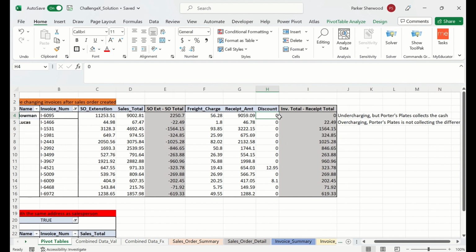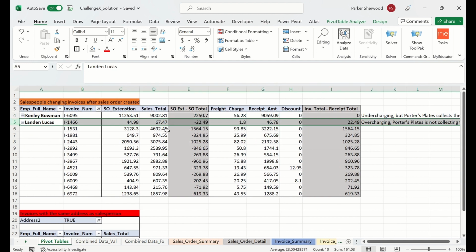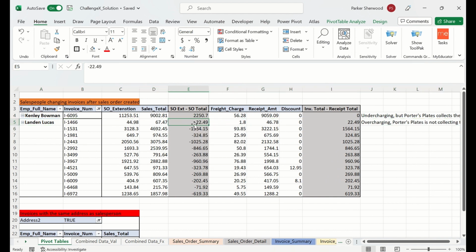Of note is Landon Lucas, who is doing the opposite, increasing the invoice total, and then that cash isn't being collected by Porter's Plates.